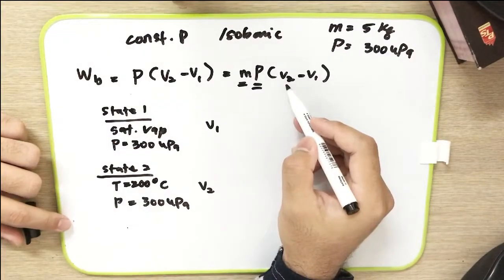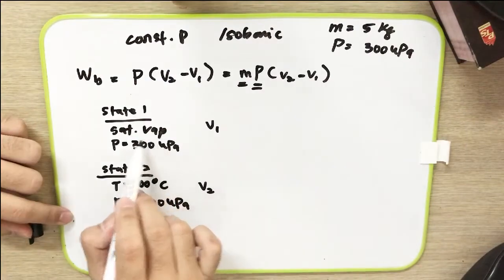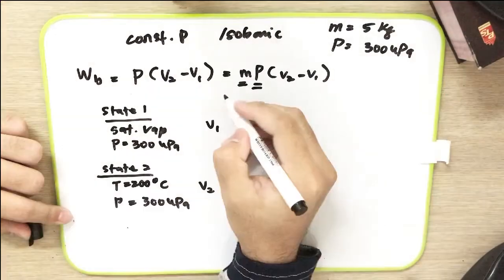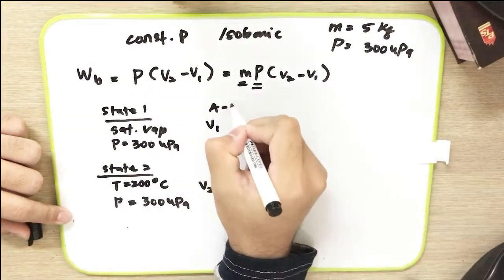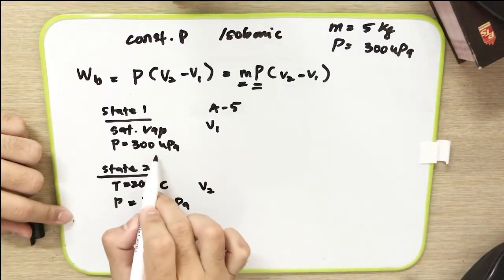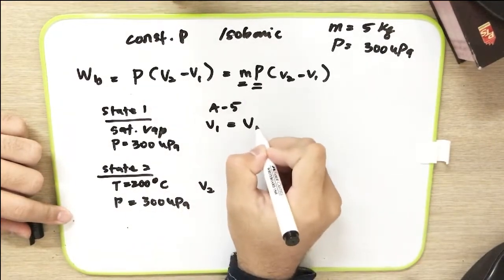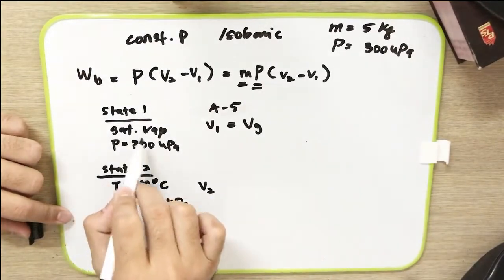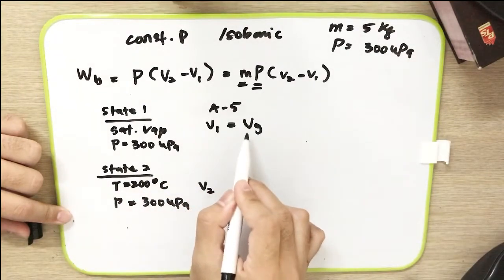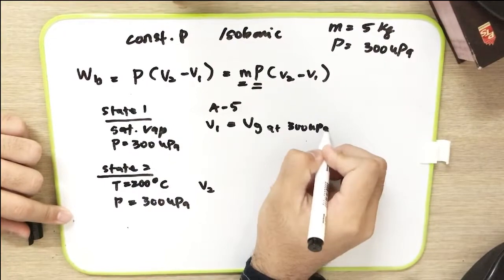We already know the phase, so we just go directly to table A5. Then at pressure 300 kilopascal, we find that V1 is equal to Vg because it is saturated vapor. So V1 is equal to Vg at 300 kilopascal.